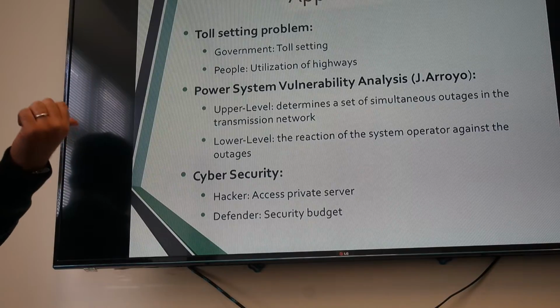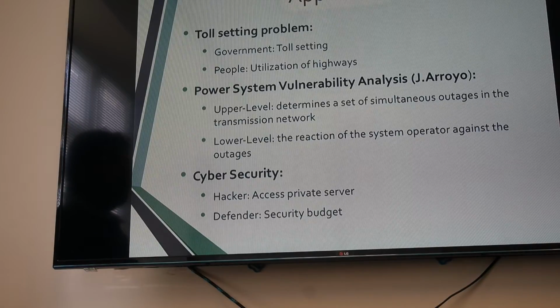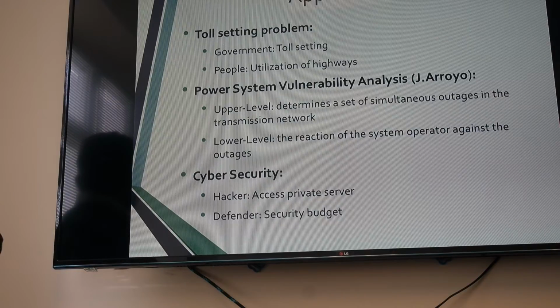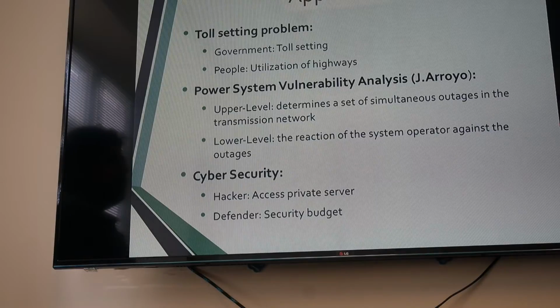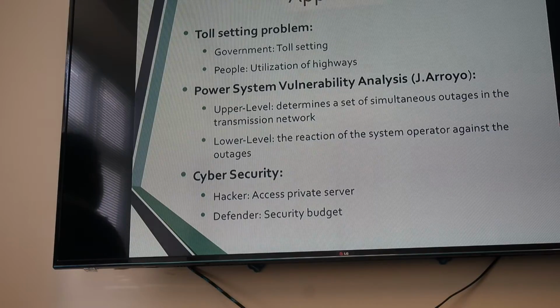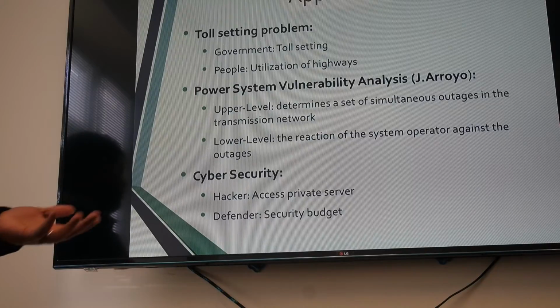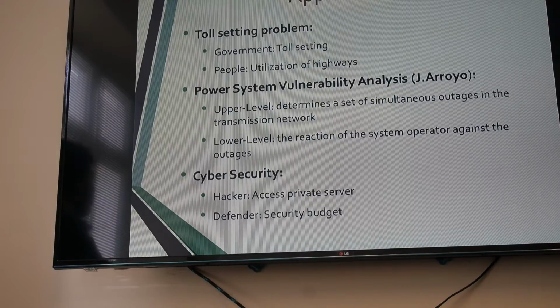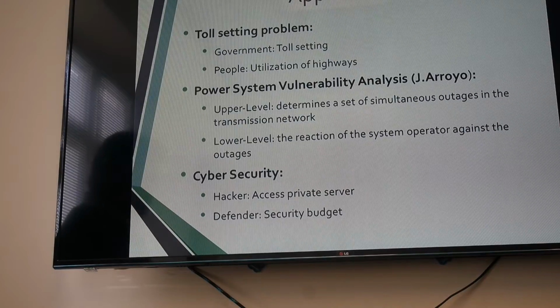And the people here are the lower level. They decide their utilization of the highways based on the setting of the tolls. If the toll is high, the utilization will be low. If the toll is low, the utilization will be high. And we try to find a balance that covers the interests of both parties.